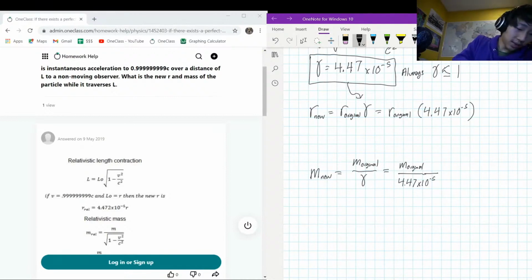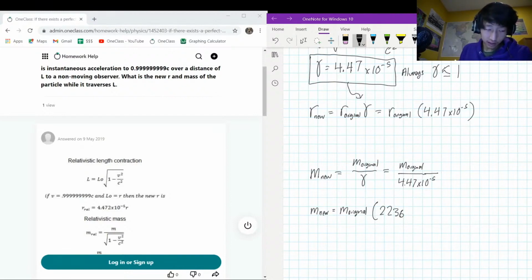And just to bring that upstairs to make this a little easier to deal with, m new is going to be the original mass scaled by 22,361.